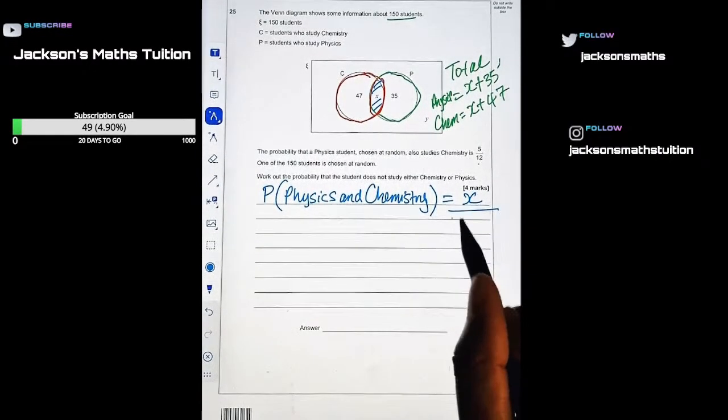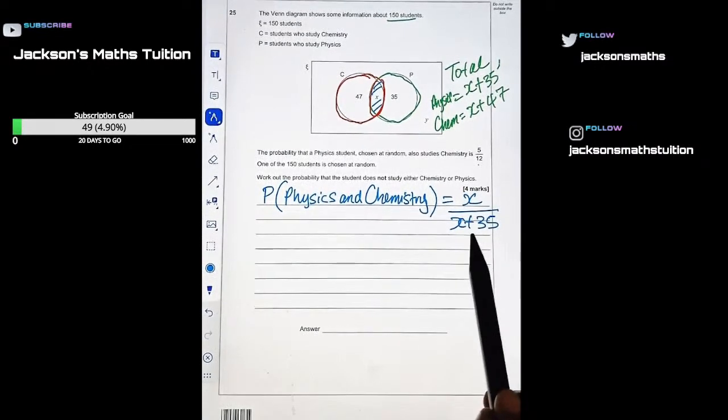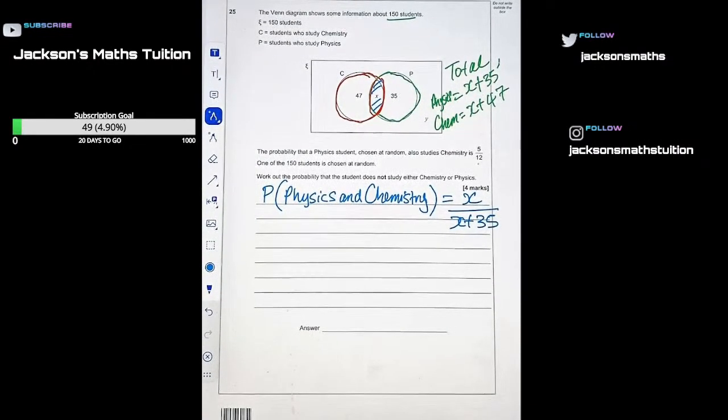So it's going to be X plus 35 at the bottom.